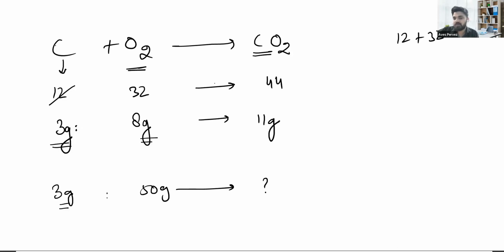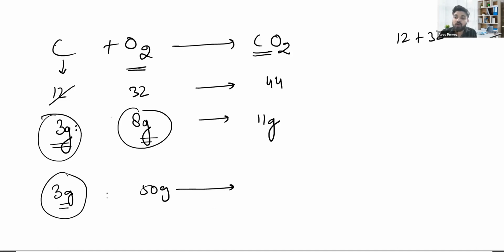Very simple. Don't think that it will become 53. No. The maximum amount of oxygen required to react with 3 grams of carbon is just 8 grams, not 8.1 grams, not 7.9 grams, only 8.